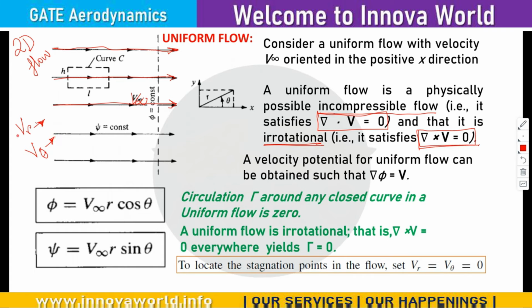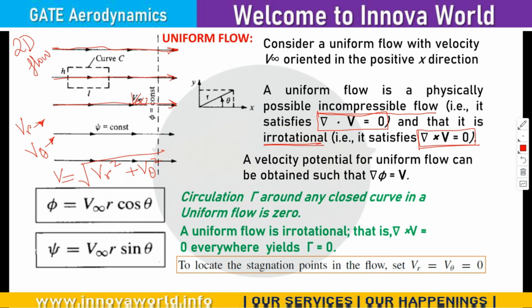Once we find this radial and tangential velocity, we can find the resultant velocity. How? The resultant velocity is given by the square root of V r square plus V theta square. Using this relation we can find the resultant velocity. After finding it, how can we obtain the stream function and the velocity potential? Let me give you a basic recap.